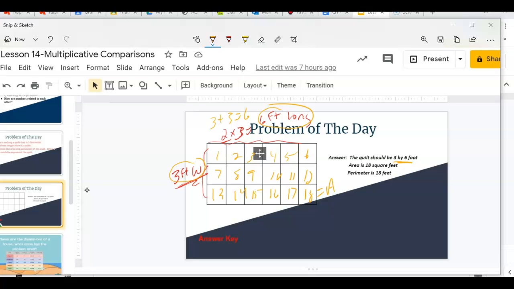And again, we could have actually just taken the 3 over here and multiplied it by the 6 over here. And we're going to learn a lot more about that later on in the 4th grade, the actual formula for finding the area. Length times the width, okay?